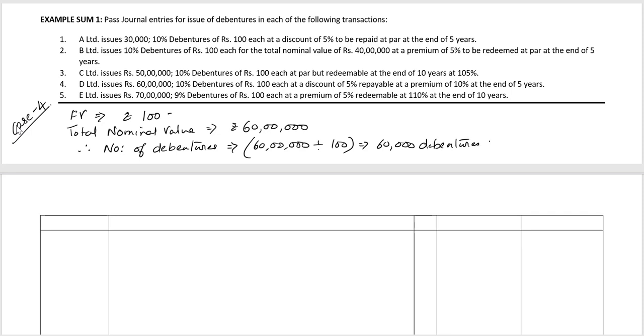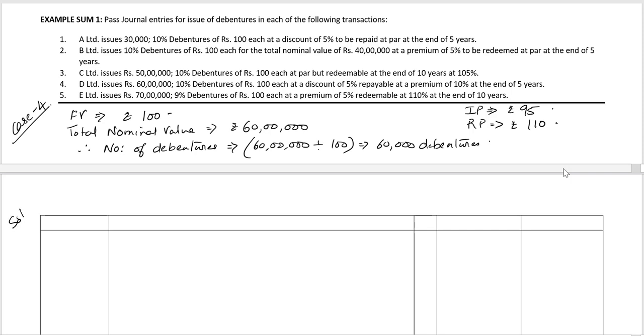It's issued at a discount of 5%. So the issue price, after deducting the discount of 5 rupees from the face value, is rupees 95, and the redeemable price, so redeemed at a premium of 10% at the end of 5 years, is 110 rupees.